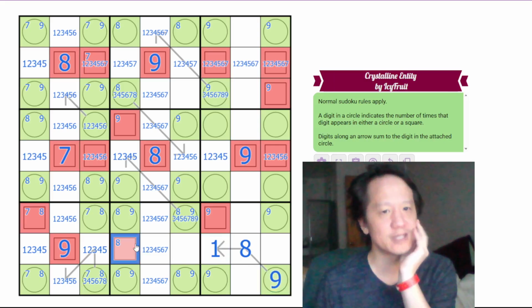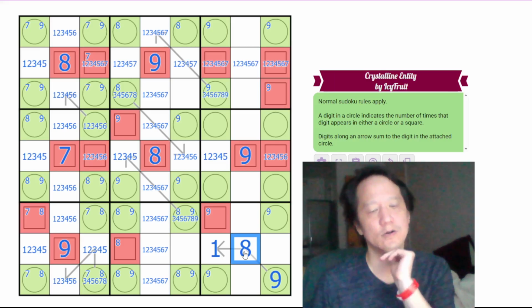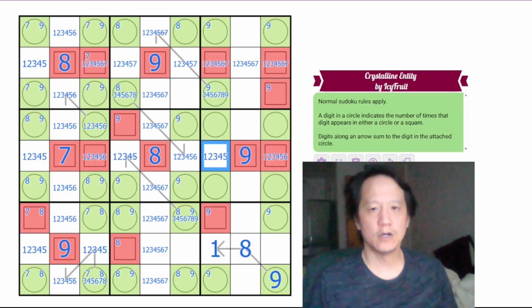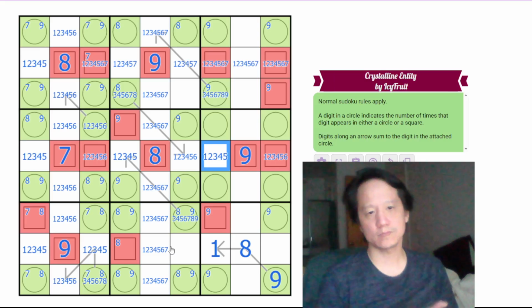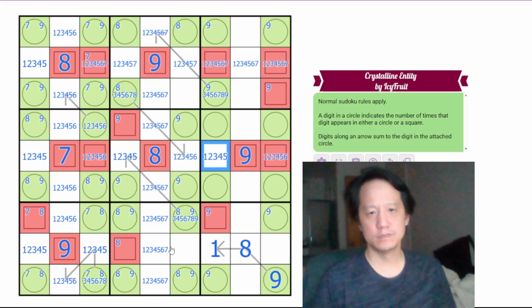So assuming this is not 8 here, that means this has to be 8 here. 1 has to be here. What does that imply? I don't know. Hmm.